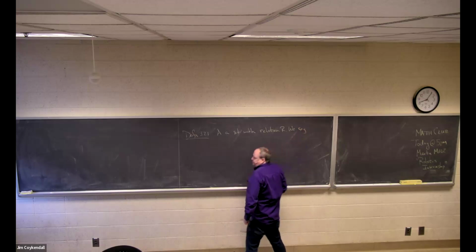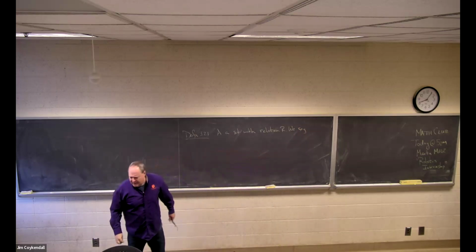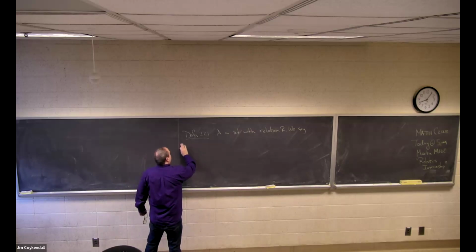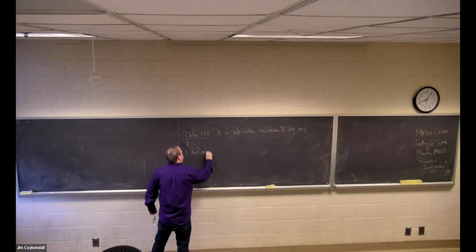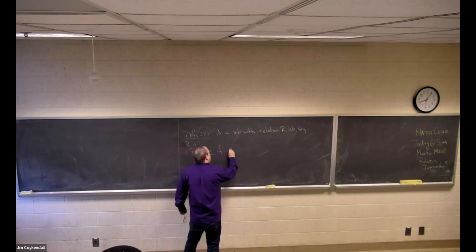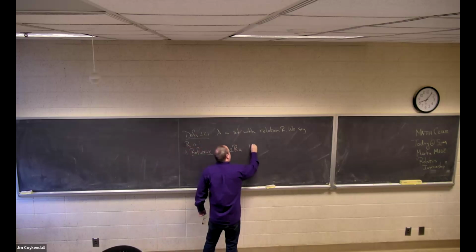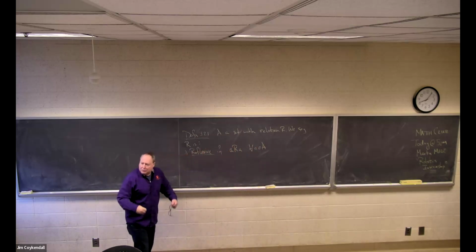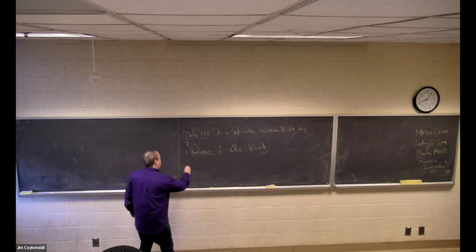We say relation R is, one, reflexive if A is related to A for all A. So it's reflexive if everything is related to itself.